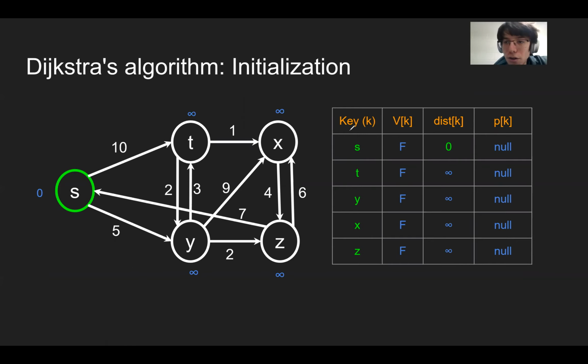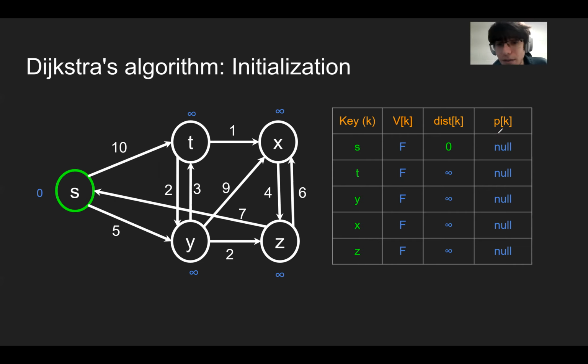As we said, the keys are the different nodes in the graph. Distance is the distance from S to that vertex. So of course it's 0 to get from itself. And we initialize the others as infinity because we don't know if there's even a path there yet.